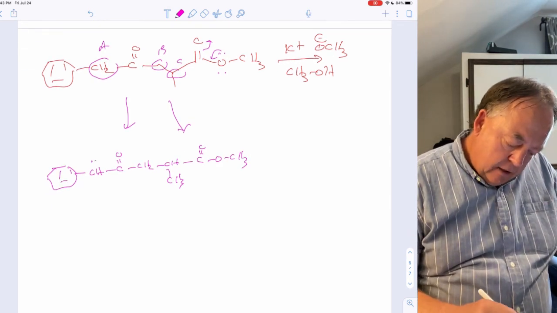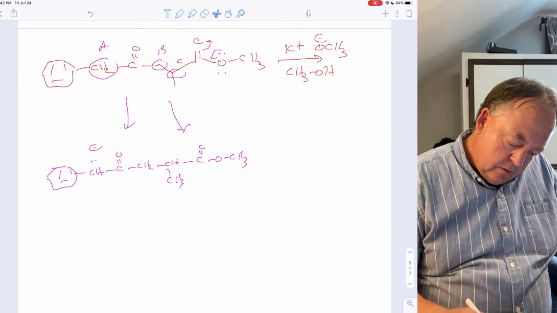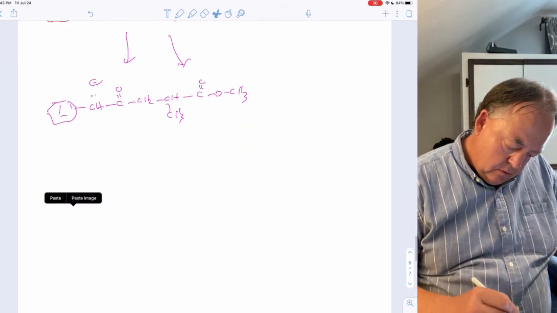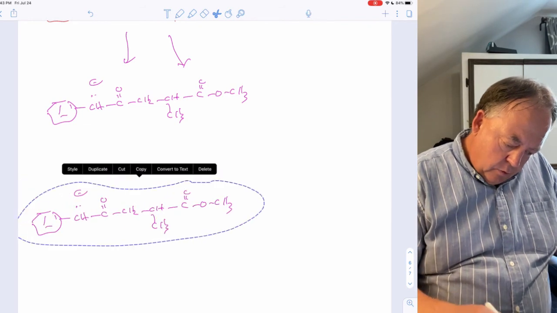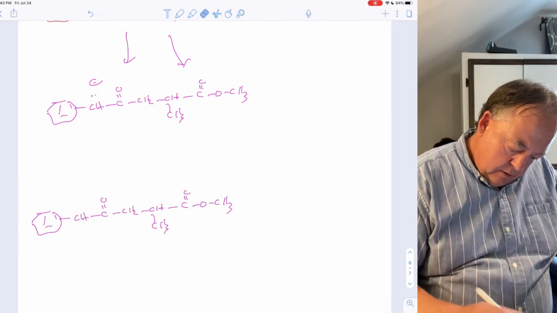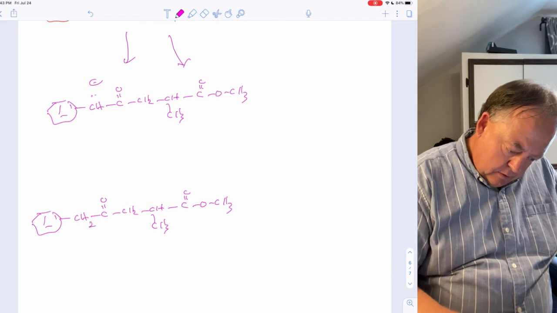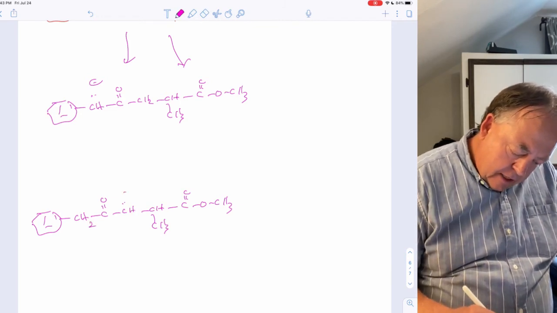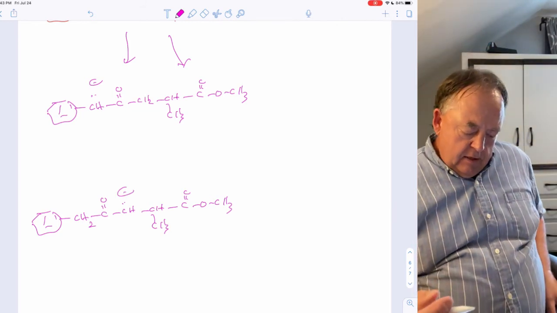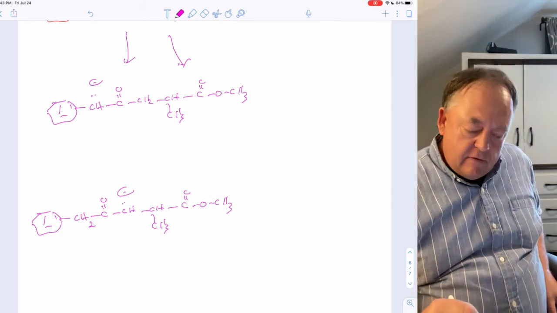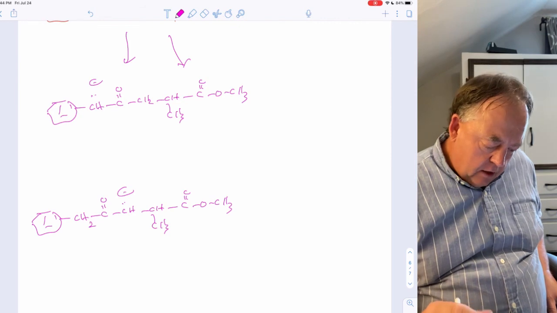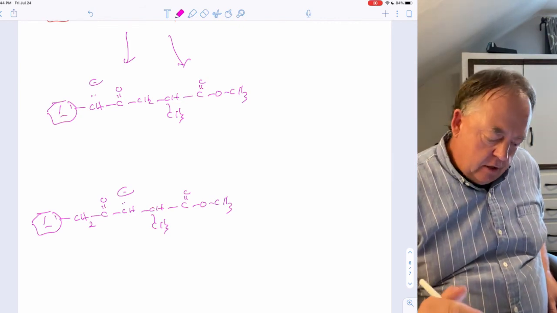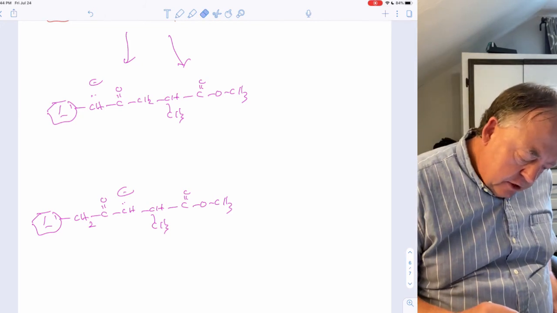So we could make that enolate, or we could have taken a proton from here instead and made that enolate. Okay, so both are about the same acidity, but one leads to a more favorable reaction than the other, because if you make this enolate, then where is it going to react?